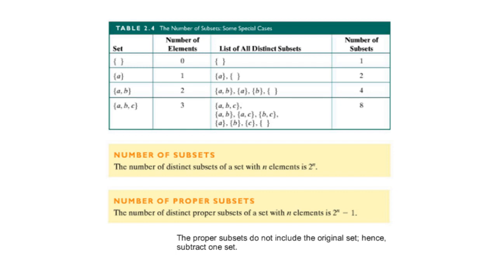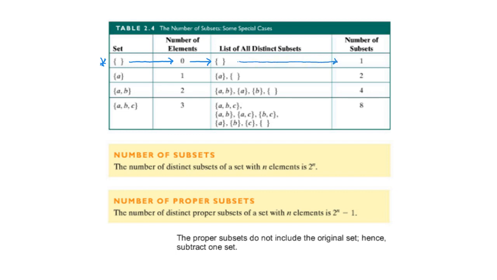To help you find the number of subsets that some sets contain, we have some formulas. In this case here, let's just look at the table. I'm looking at this very first one, the empty set here has 0 elements, right? So since it has 0 elements, and you want to list all the distinct subsets, well, the empty set is just the empty set. So there is only one subset.